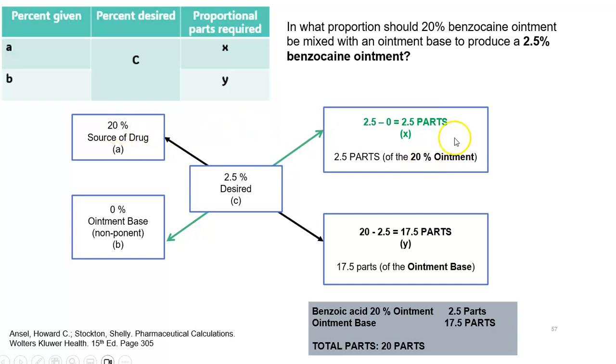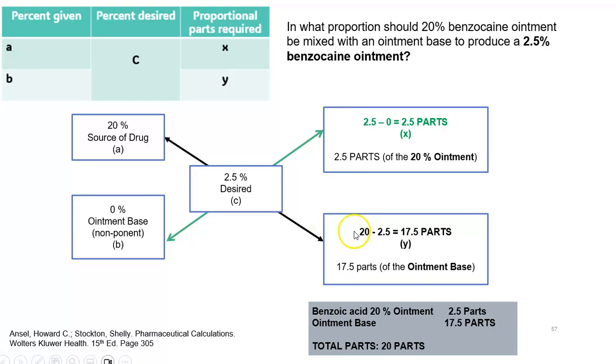So you read across in your answer. I've seen it over and over where students set up their diagrams right, but because they fail to put what the parts represent, they get the wrong answer. So please populate what the parts represent: 2.5 parts is 20% ointment.